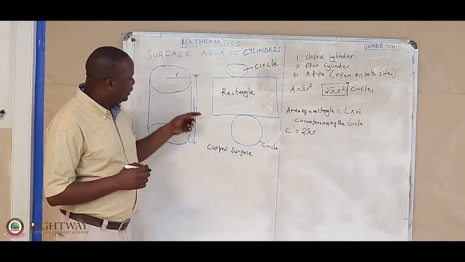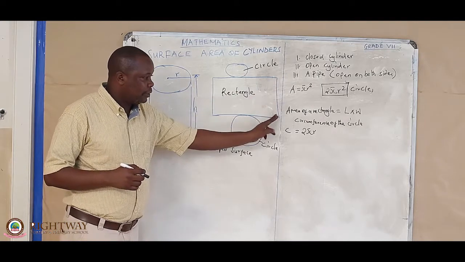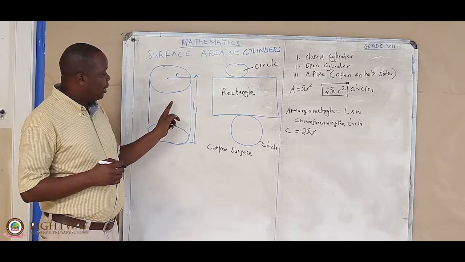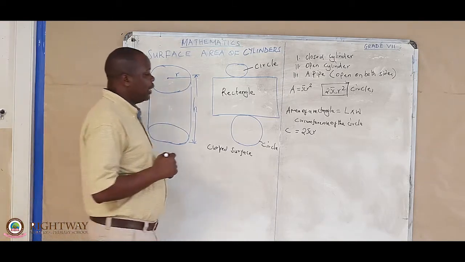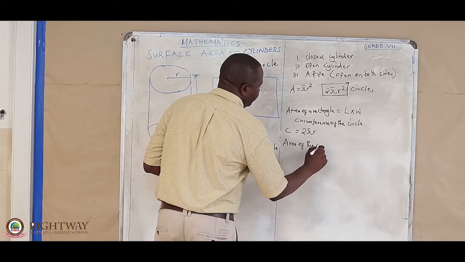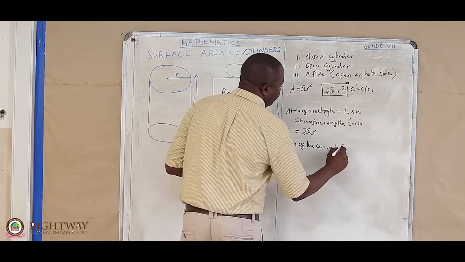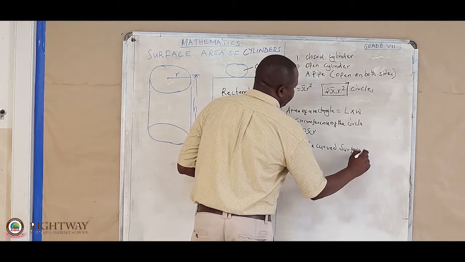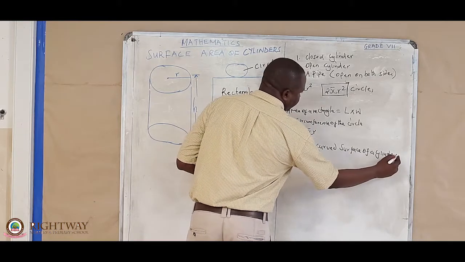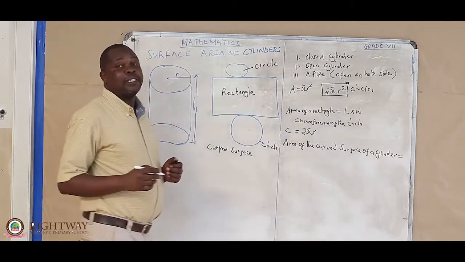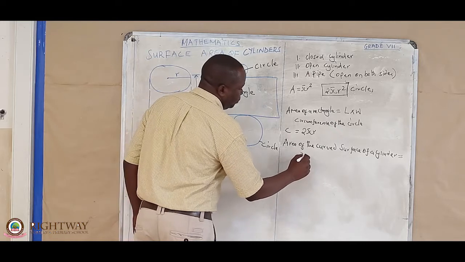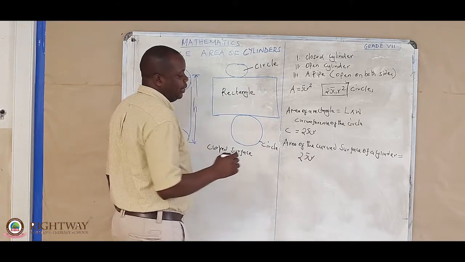Therefore, the width of the rectangle is the same as the height. So the area of the curved surface of a cylinder is 2 pi r times h.